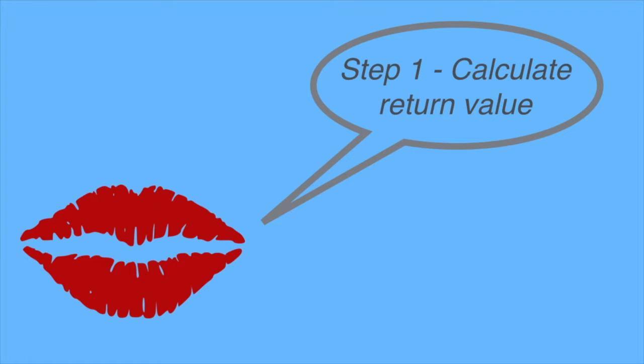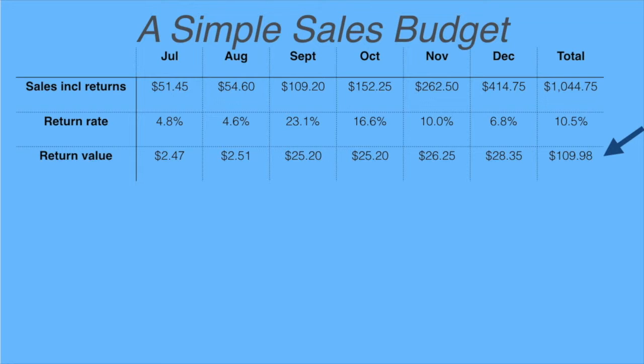Step 1. Calculate the return value by multiplying the return rate by the total sales figure, including return. This gives us our return value, which comes to $109.98 for the period. Step 2.